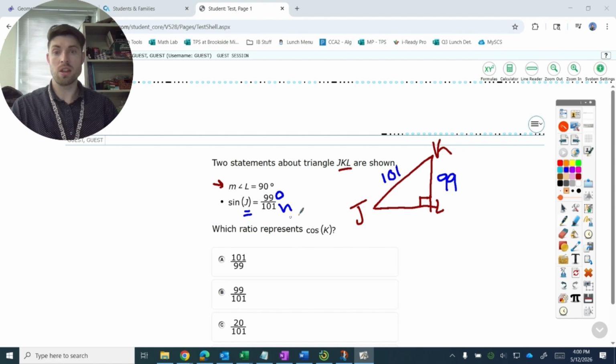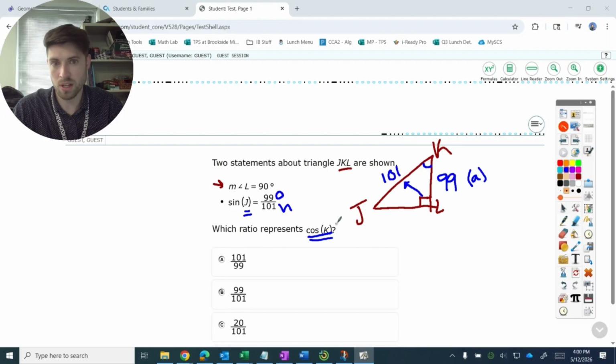Okay, and so then what we want to find is the ratio that represents the cosine of K.